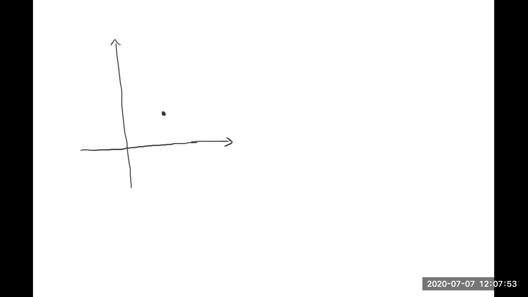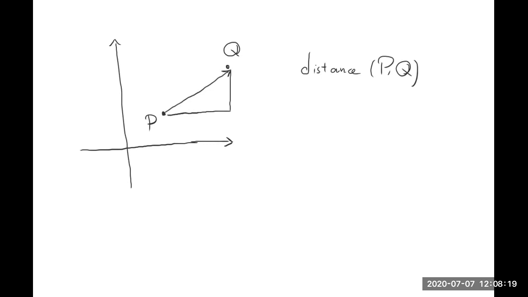If I have 2 points P and Q, and if I want to see what is the distance between P and Q, well, I can use the Pythagorean theorem. I can connect P to Q, I can make a right triangle and things like that. But there is also another way.